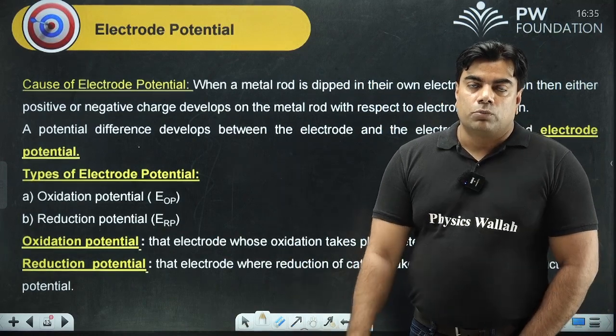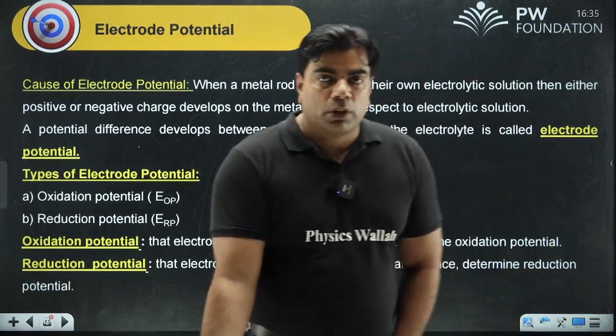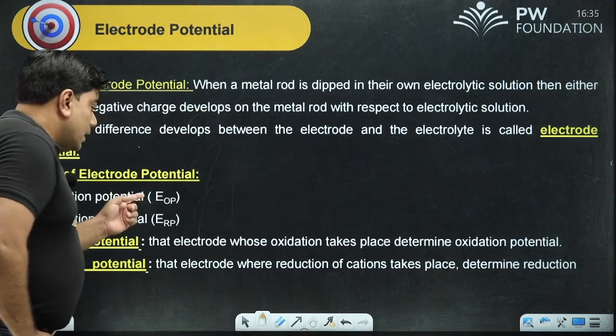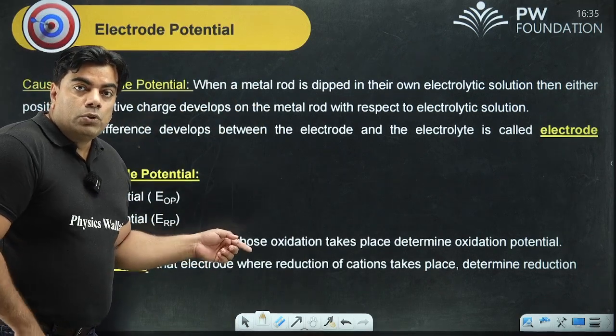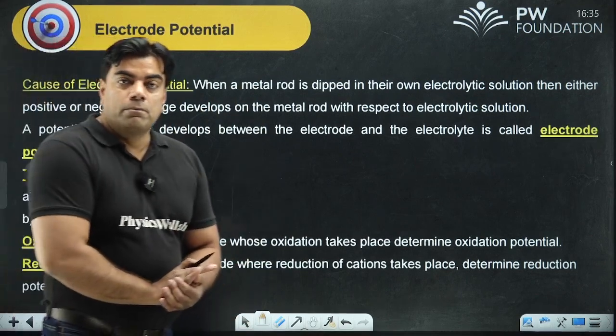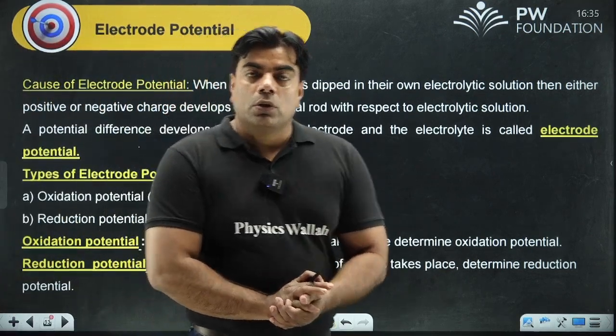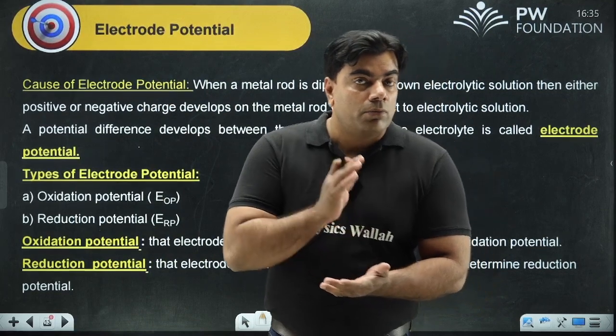Now see, what is oxidation potential? If someone asks you what oxidation potential is, you can reply that it is the potential of the electrode whose oxidation takes place. What is the meaning of oxidation?